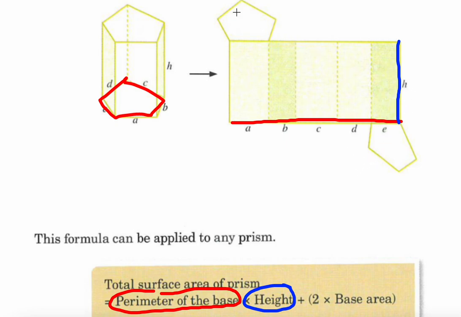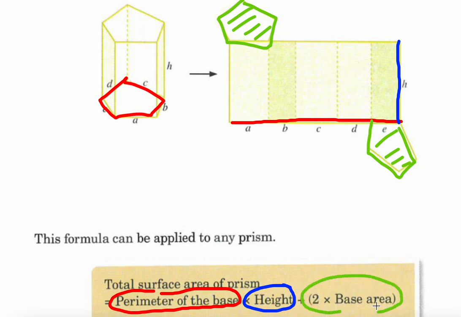And then all you have left over is basically the two areas of the faces, the bases. And that's why you figure out the area of one of the bases, and then you just times 2 because there's 2 of them. So then that way you cover up all the surface area. So this right here is the most difficult to understand, the perimeter of the base times the height.